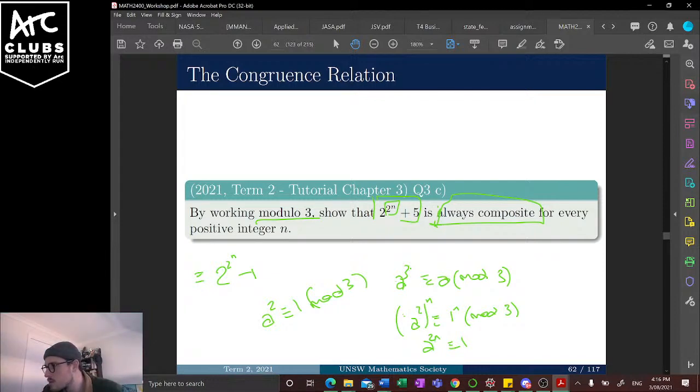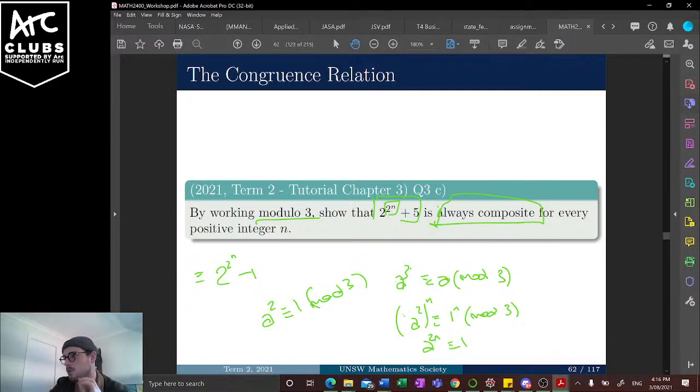Two congruent to 0 mod 3. Yep, I get that. Yep, 2 is the fastest to show that. I see what you're saying. So you use the initial thing where you figure out that it's a multiple of 3.